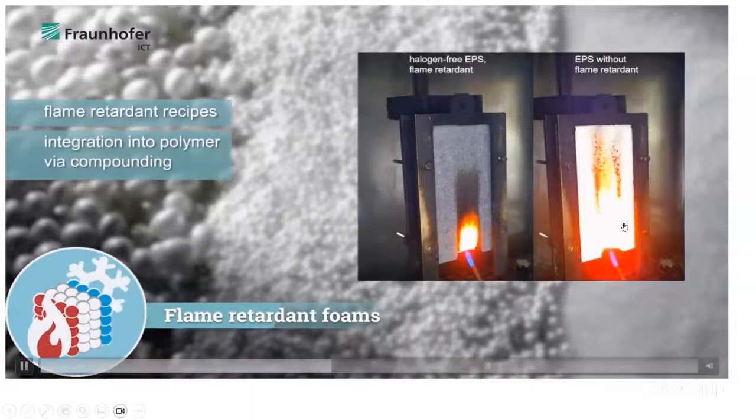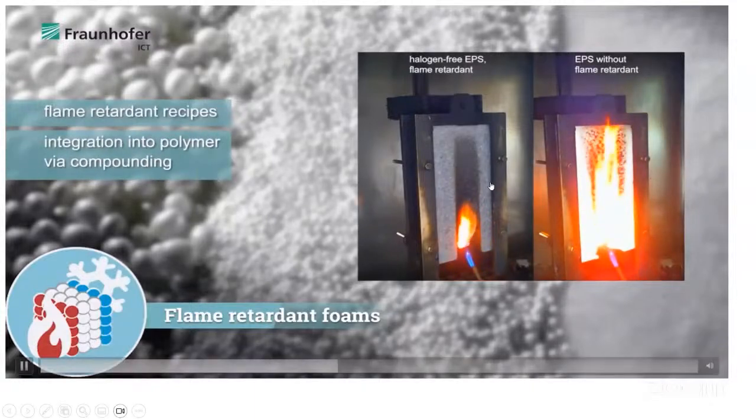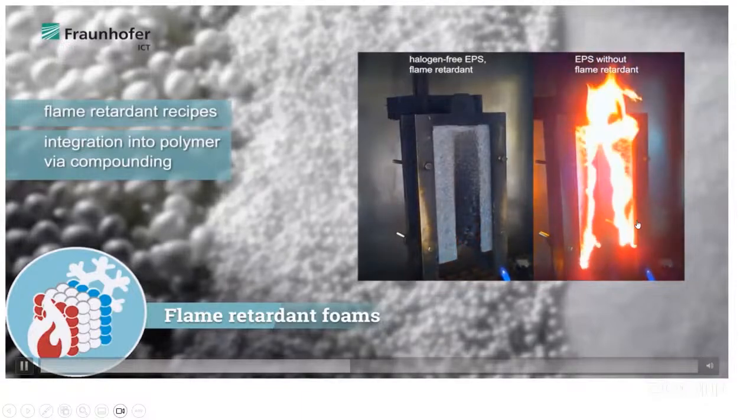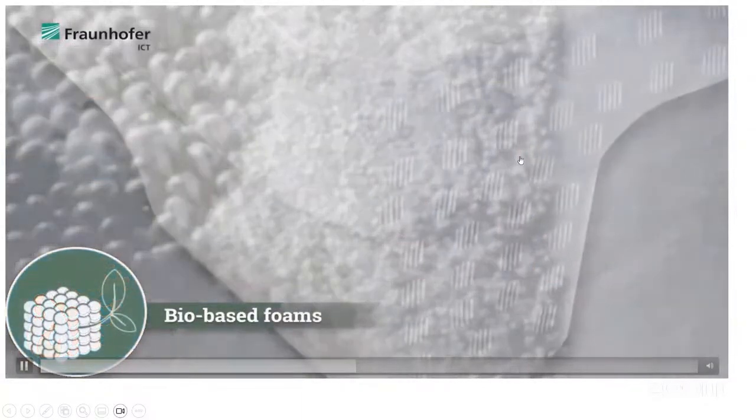See now the flame here: halogen-free EPS flame and EPS without flame retardants. See, it is now burning, but this foam is not burning.